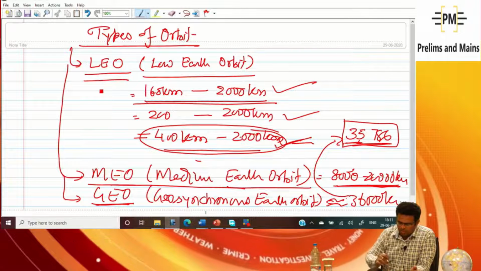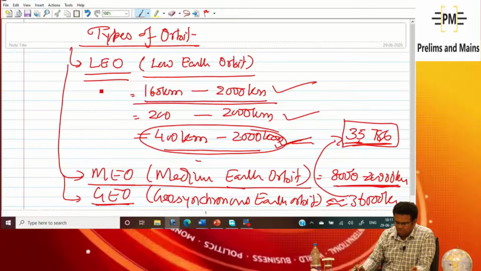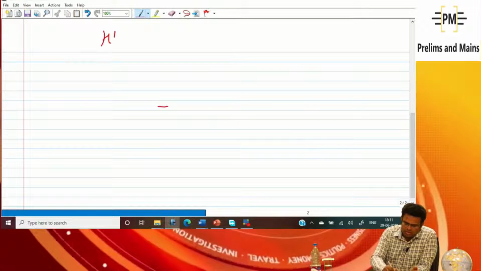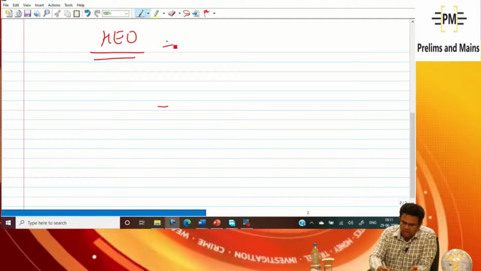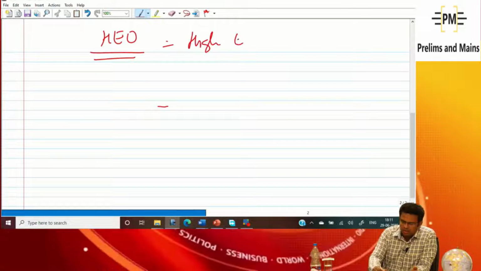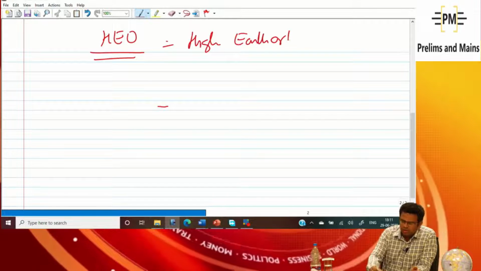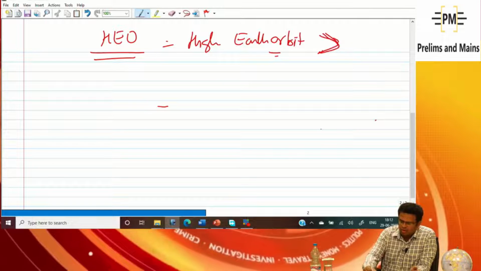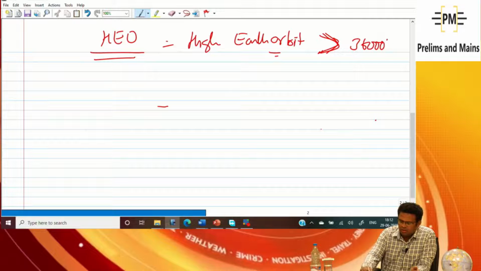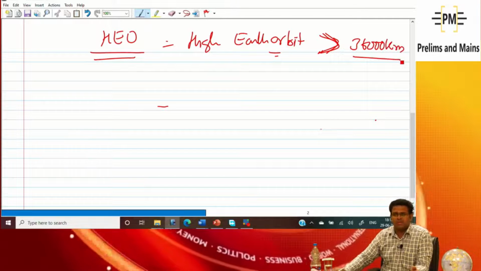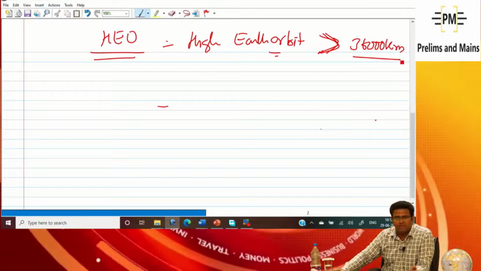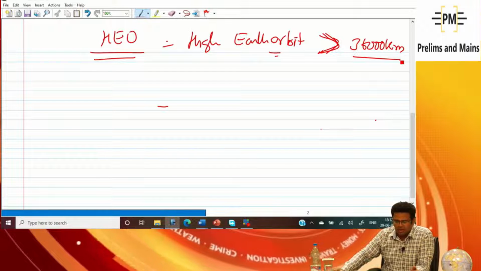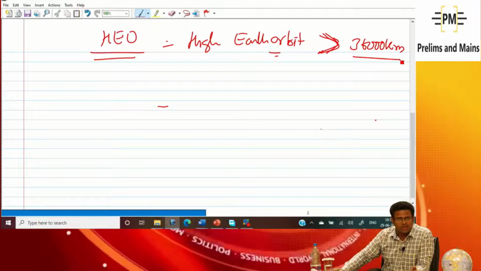So low Earth orbit, medium Earth orbit, geosynchronous Earth orbit, and another, HEO, high Earth orbit, which is beyond 36,000 kilometer, that is 35,786 kilometer. High Earth orbit is above 36,000 kilometer.